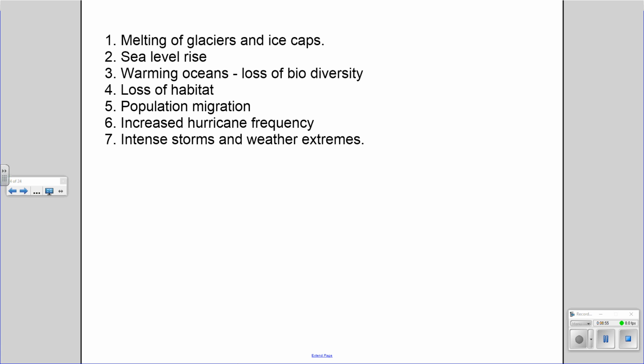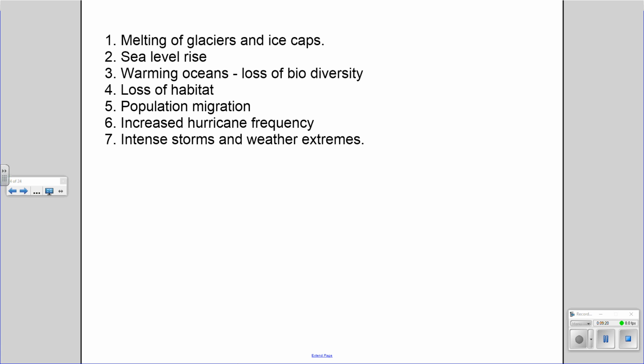So places or cities along the coast will face a threat of sea level rise. The warming oceans: when you have warmer oceans, you have less oxygen, thus leading to loss of biodiversity in our oceans. You have a loss of habitat, which you can circle back to melting of ice caps.